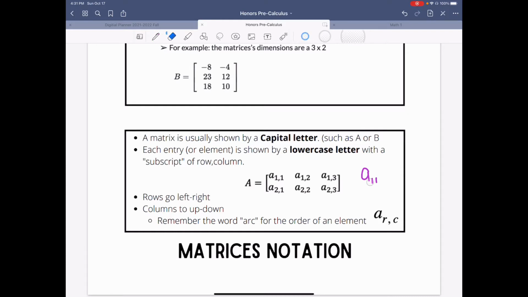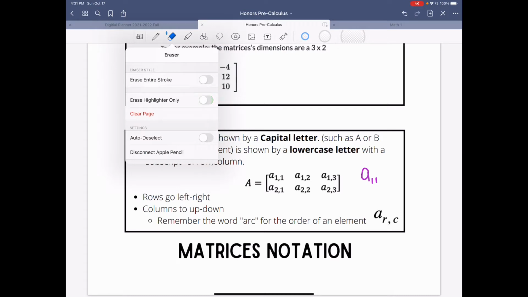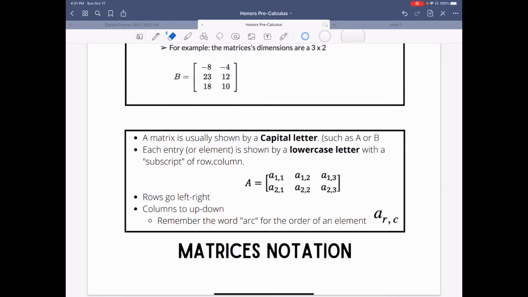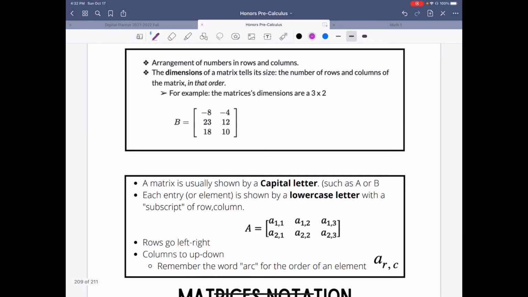So the other thing that you've got to remember when we're looking at our notation is the word ARC. If you remember the word ARC, that tells you A is the element, R is the row, and C is the column. So for example, if I tell you what is the element A21, A21 is going to be row 2, column 1.